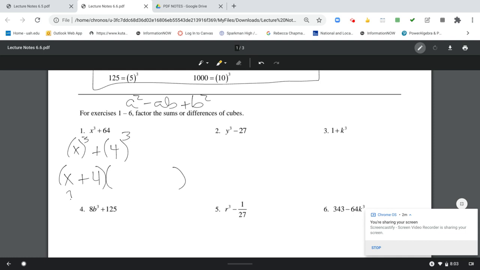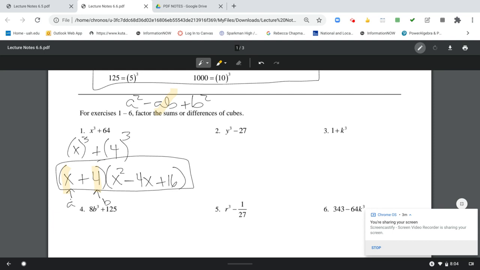Well, this is your a value, and this would be considered your b value. So I would have x squared minus 4x, multiply your a and your b, and then your b squared, plus 16 on the end. That would be the final factoring of that sum of cubes.